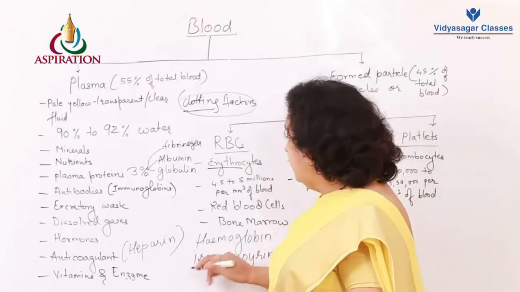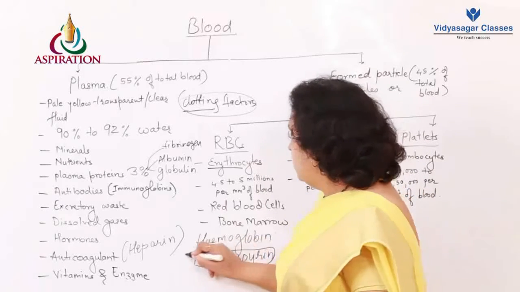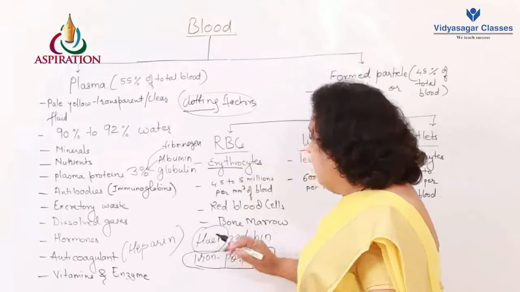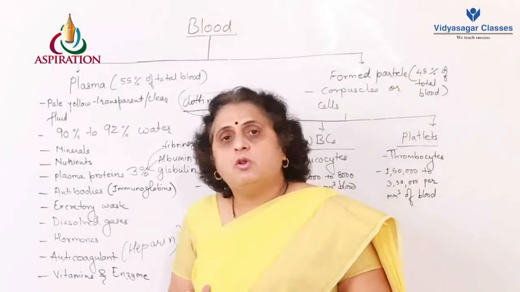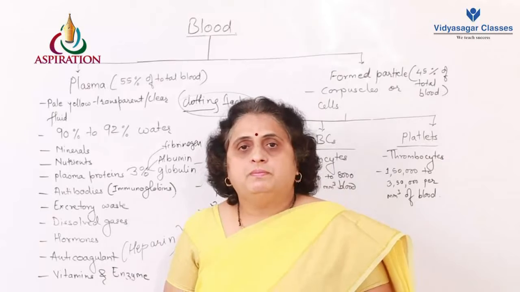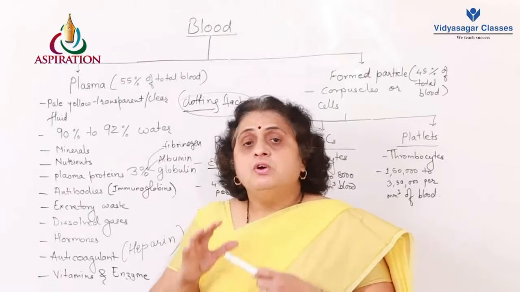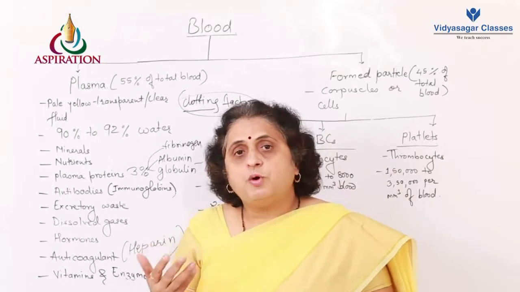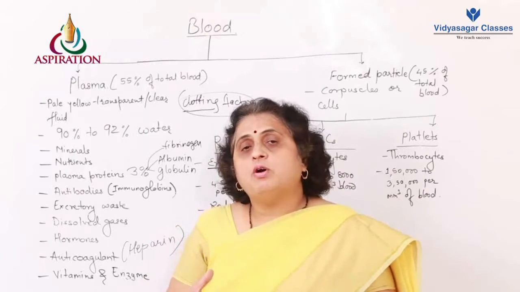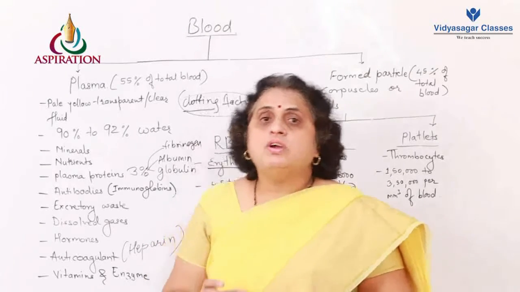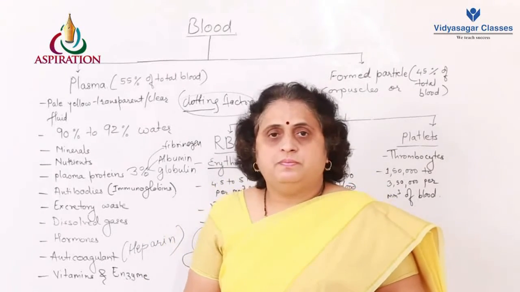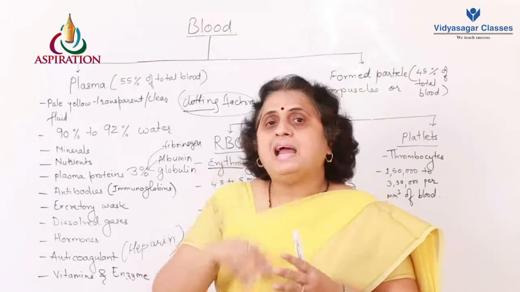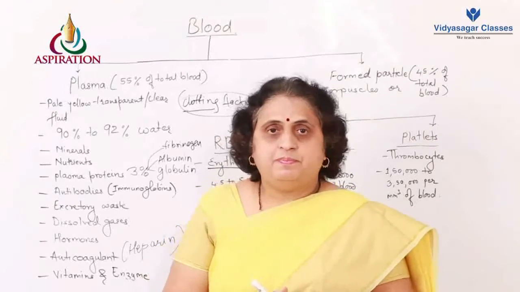Heme is nothing but the iron porphyrin complex, and this heme combines with the globin to form hemoglobin. So for the production of RBC, along with erythropoietin, the amount of hemoglobin available is also under consideration. This hemoglobin is packed into the RBC.